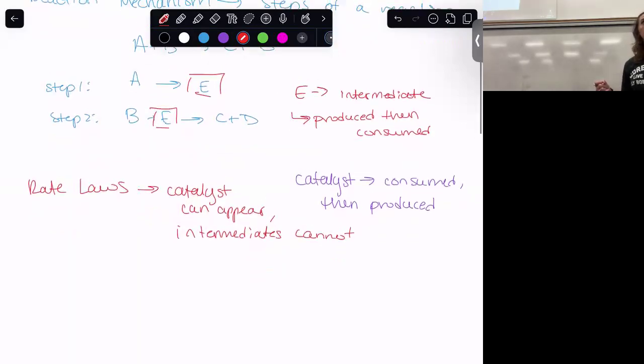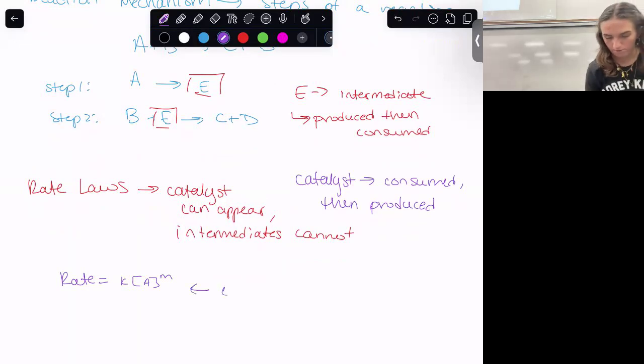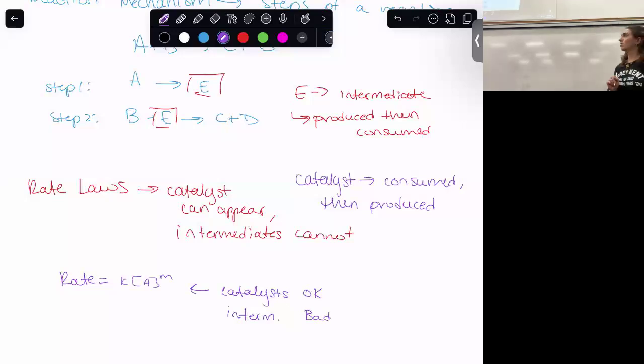That's the K with the... Yep, so your rate is equal to K times A to the M power. That's your rate law. So in this, catalysts are good. Intermediates are bad. So if it said to take a rate law from step 2 there, you couldn't include E. Nope.